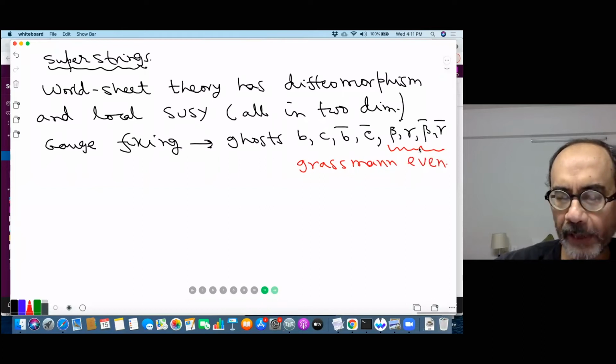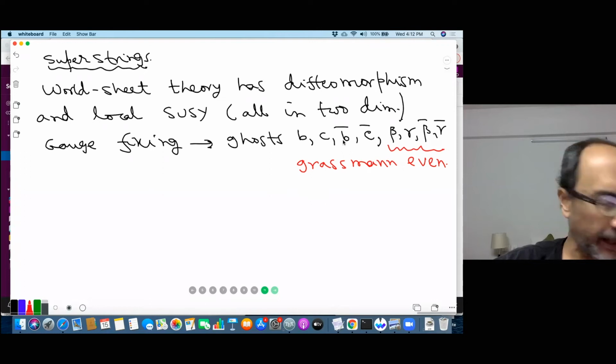I'll not attempt to write down the action of these because that's not very useful. We never use the action of b, c, b bar, c bar anyway. I'll eventually write down the operator expansion of these objects. But first, let me say why they are Grassmann even. They are Grassmann even because the supersymmetry transformation parameters themselves are Grassmann odd. So because of this, the associated ghosts become Grassmann even.